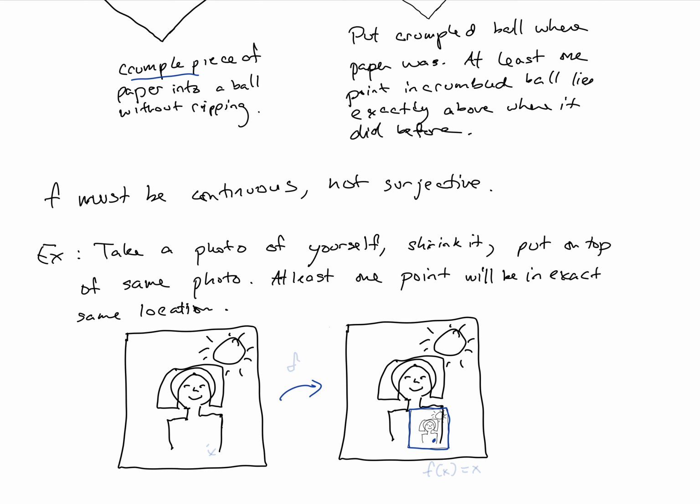So there is some point x, where f takes the large photo to the small photo, such that f of x is equal to x. At least one point will be in the exact same location.